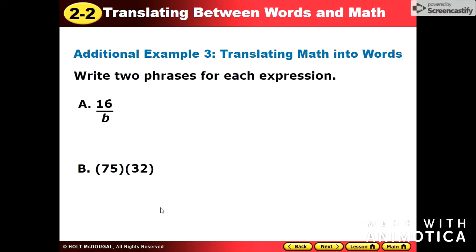Okay, so we're on our last example, and it says write two phrases for each expression. So now we're doing the opposite. We're starting with the math expression, and we have to translate this into an English sentence using words. Okay, so I've got 16 over b. Remember, this sign means to use division.